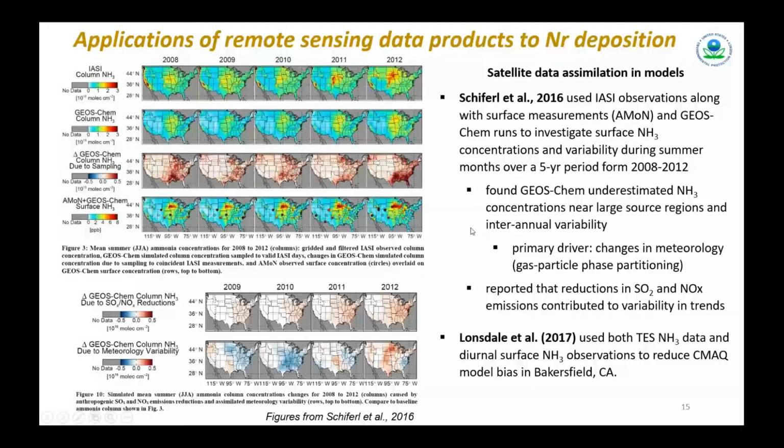They found interannual variability. So this is a really good example of how all these data sets are used together to find answers that might be limited in other respects. Also, the study from Lonsdale used satellite data to reduce CMAQ model bias.